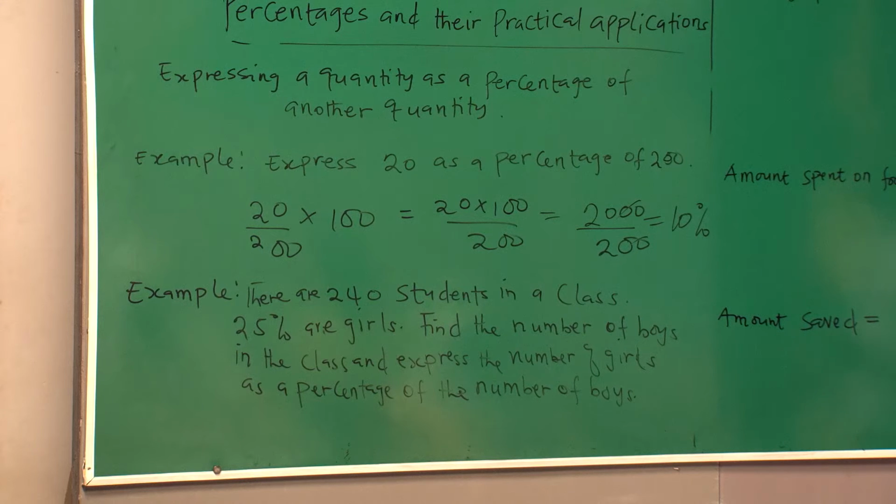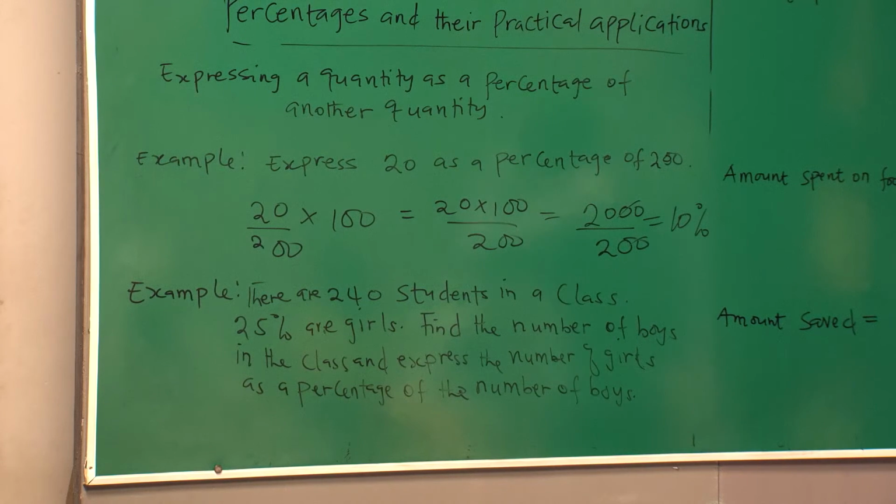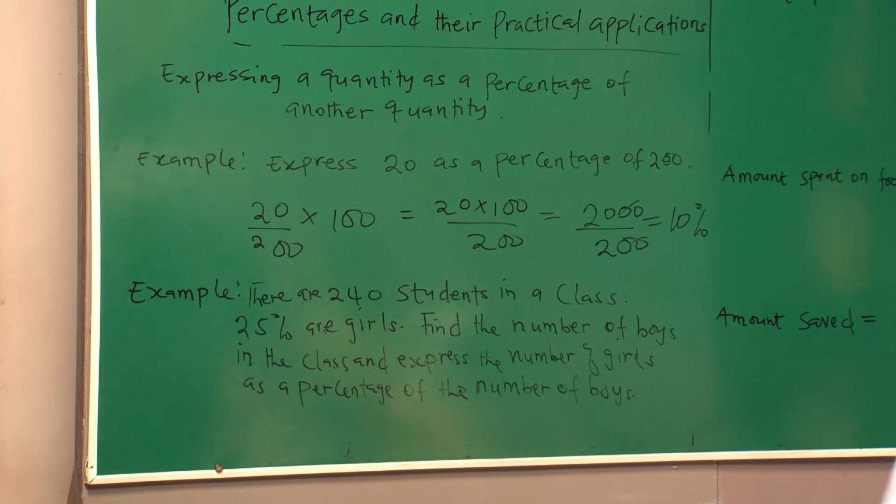There are 240 students in a class. 25% are girls. Find the number of boys in the class and express the number of girls as a percentage of the number of boys. I hope it's okay. 25% are girls. Then you are to find the number of boys in the class and express the number of girls as a percentage of the number of boys.